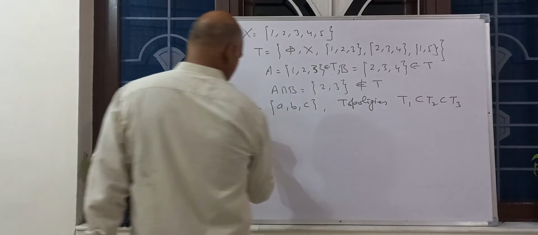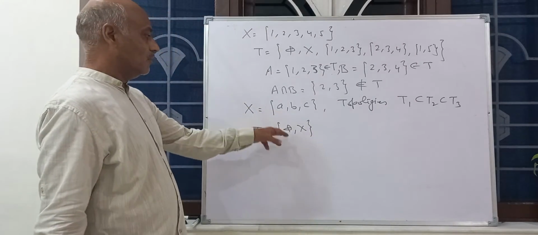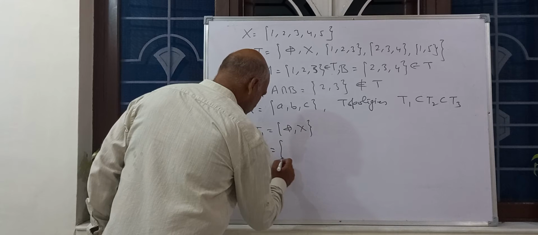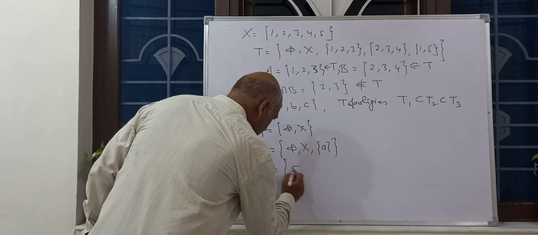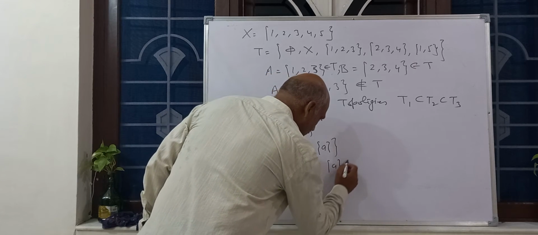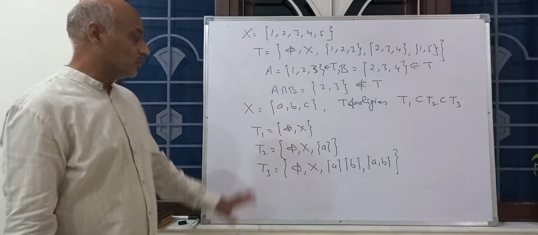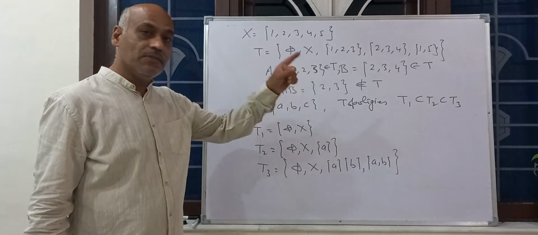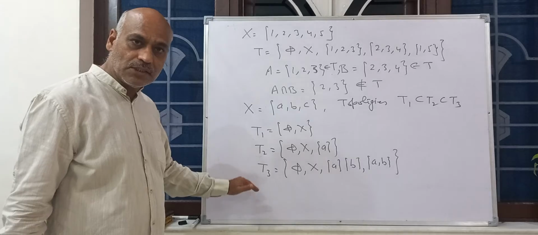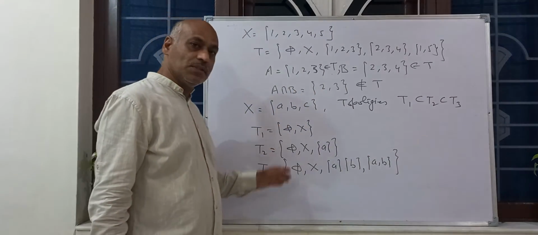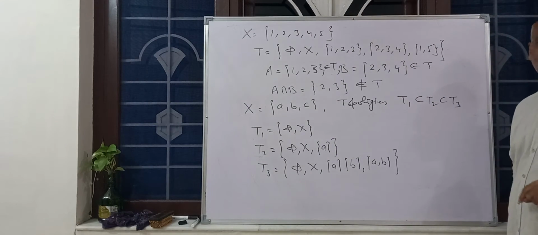Like this one, we can make T1 as phi, X; T2 as phi, X, A; and T3 as phi, X, A, B, A. So these are three topologies where T1 subset of T2 subset of T3 means all elements of T1 are in T2, and all elements of T2 are in T3.